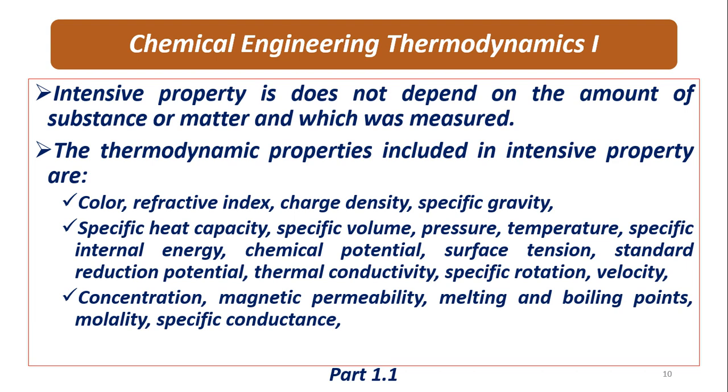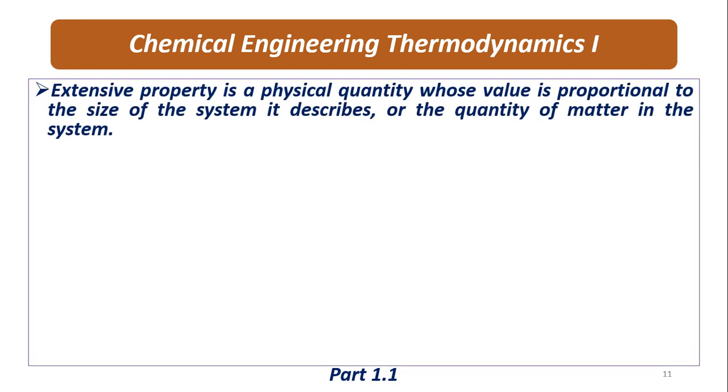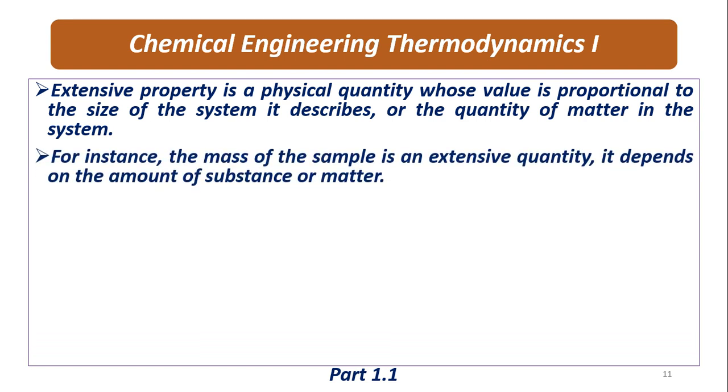The second one, an extensive property, is a physical quantity whose value is proportional to the size of the system. It describes the quantity of matter in the system. For instance, the mass of the sample is an extensive property which depends on the amount of substance or matter.